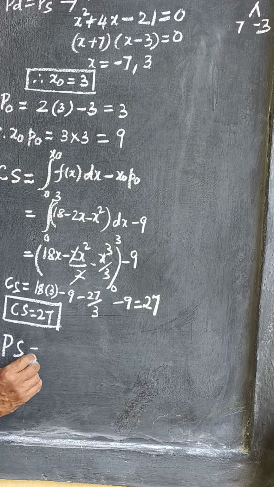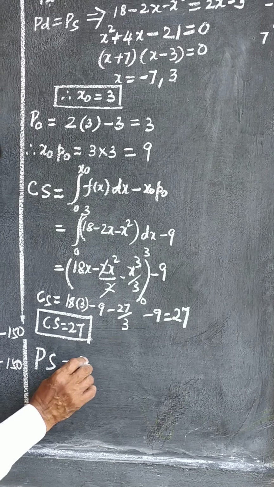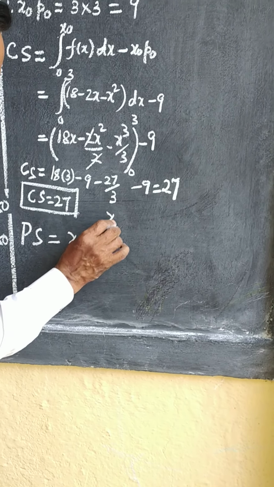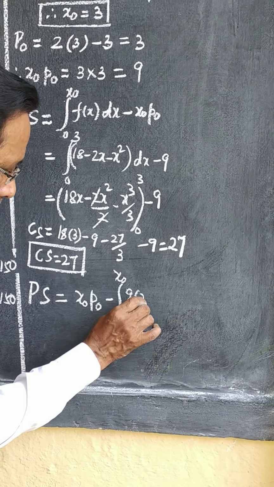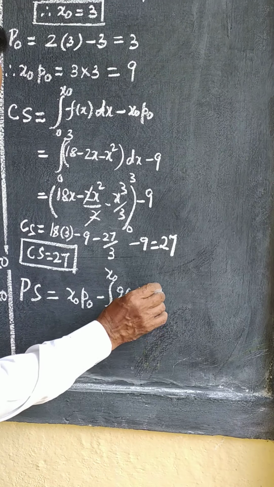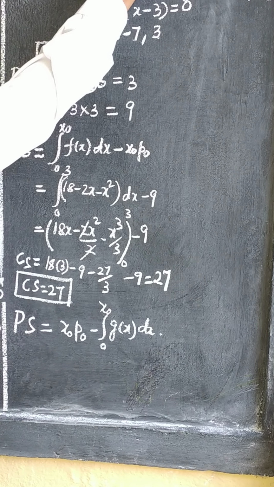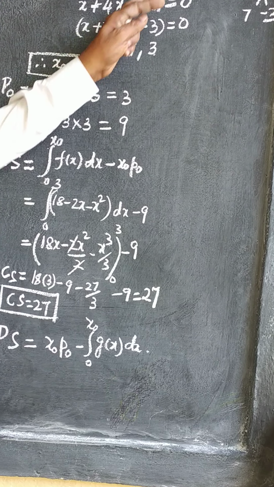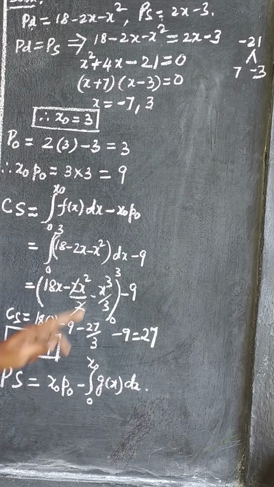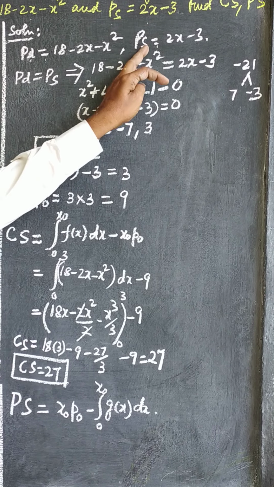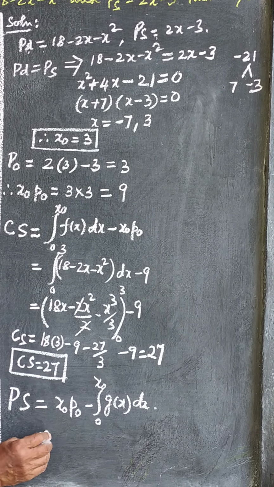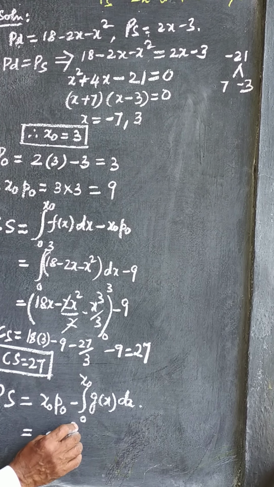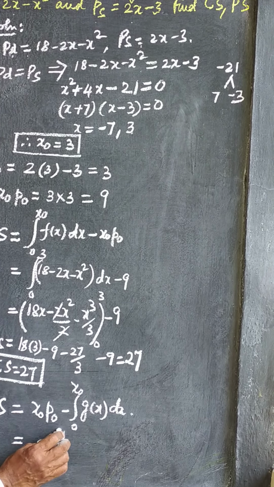Now PS. The formula for PS is x naught p naught minus integral 0 to x naught g of x. This g of x is nothing but producer supply. So, I can give you a small hint. Since it is given as PS, you can take this for PS. Now this is x naught p naught, 9, minus integral 0 to 3 of g of x.